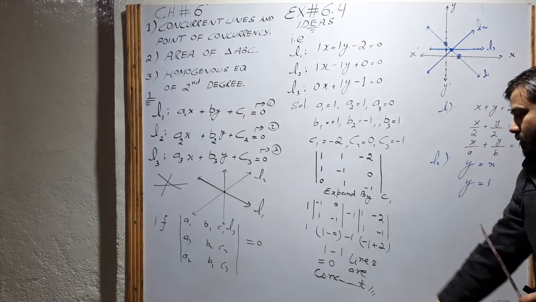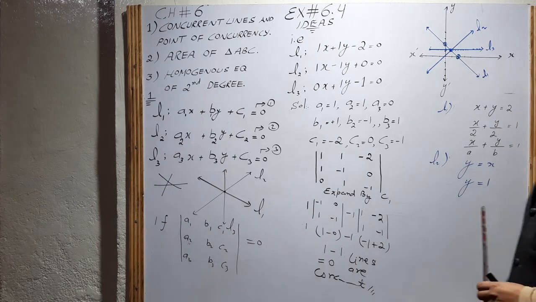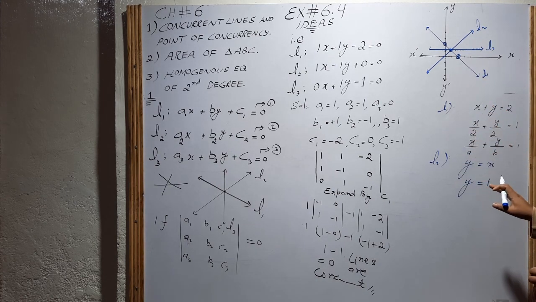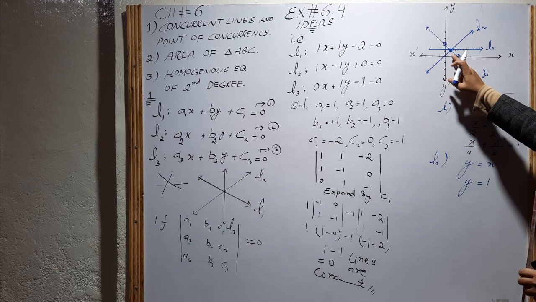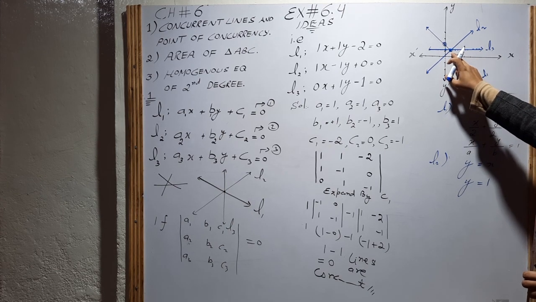Mathematically, the determinant is also equal to 0, and if we draw the graph then it is also clear. Now we find the point of concurrency. Point of concurrency means that the lines pass through a single point, and that single point is called the point of concurrency.